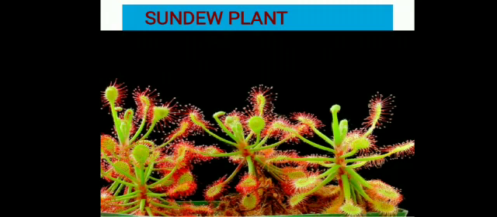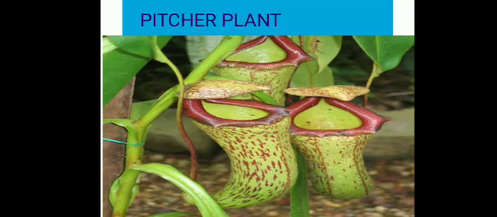Sundew plant, small pores are there where the insect sticks and gets trapped. Similarly, pitcher plant, the leaves have a lid-like structure and a cavity. They release nectar-like secretion that attracts the insects, and the insect gets trapped in the cavity.